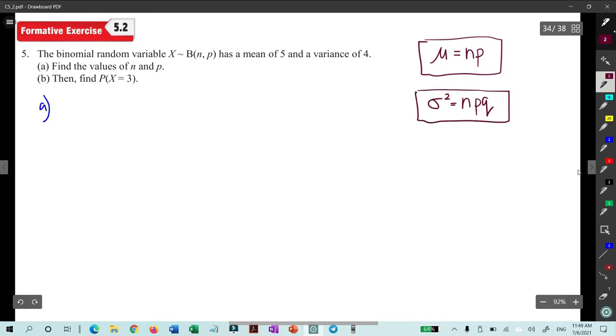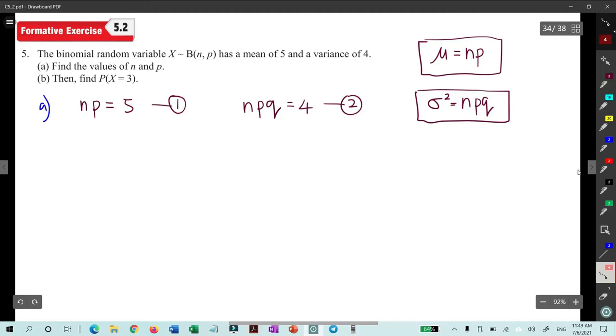Using the information already given in the question, combined with the formulas, we can form two equations. The first one is np equals 5, equation number 1, and then npq equals 4. So this is the second equation.